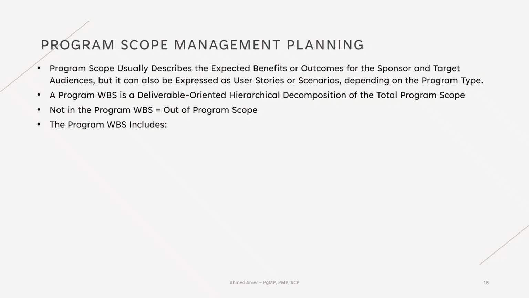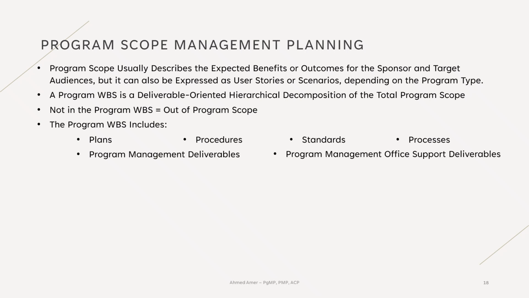Program WBS includes program management artifacts such as plans, procedures, standards, processes, program management deliverables, and program management office support deliverables. The program WBS provides an overview of the program and shows how each component contributes to the program's objectives.